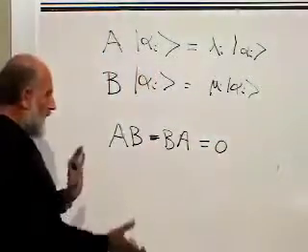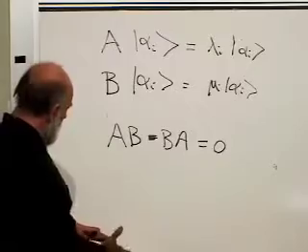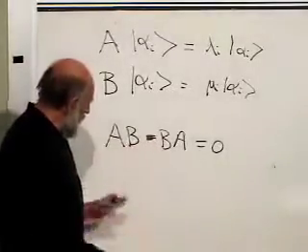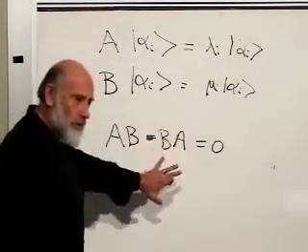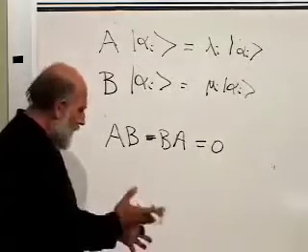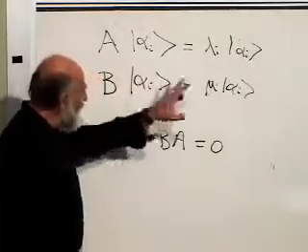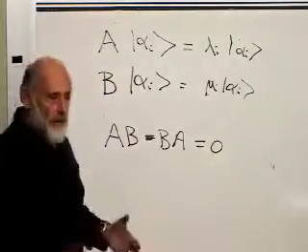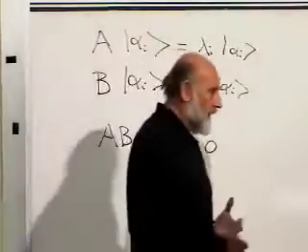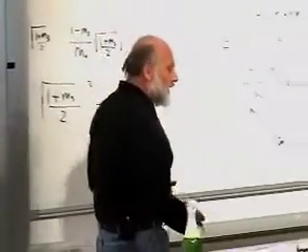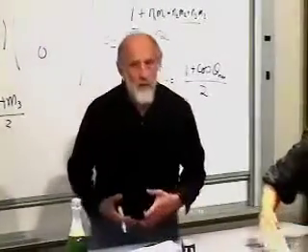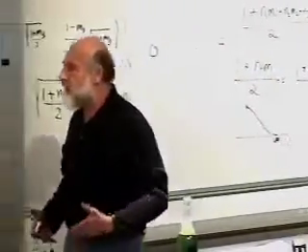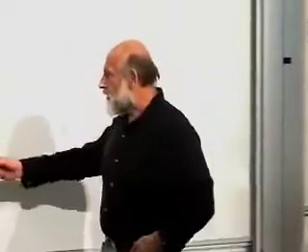Remember, the order that you multiply matrices is important. If the matrices commute, that means it doesn't matter which order you write them in, then all of the eigenvectors are simultaneous eigenvectors of the two operators. That's a theorem. Necessary and sufficient condition for all of the eigenvectors to be the same is that the matrices commute.